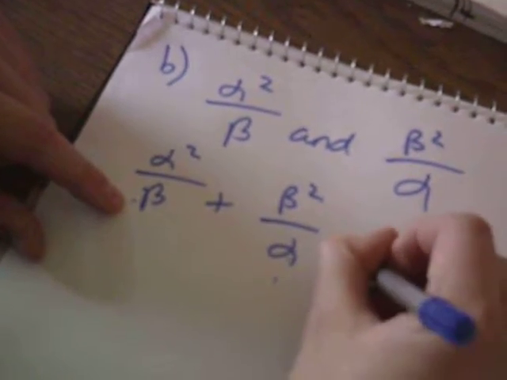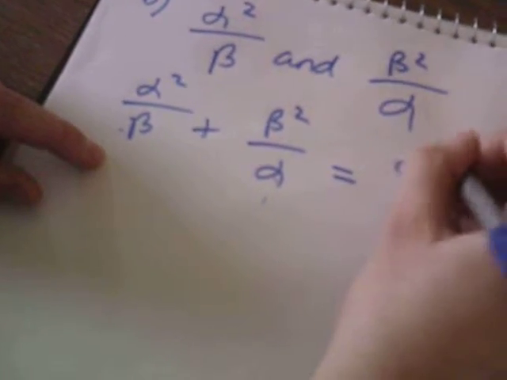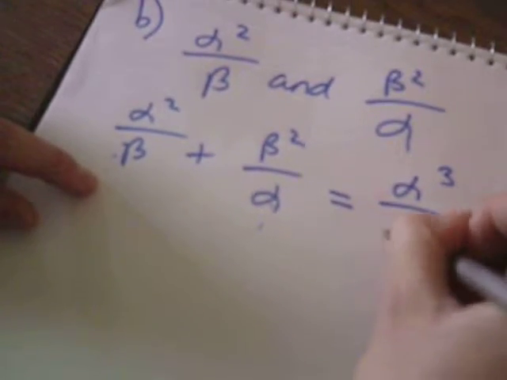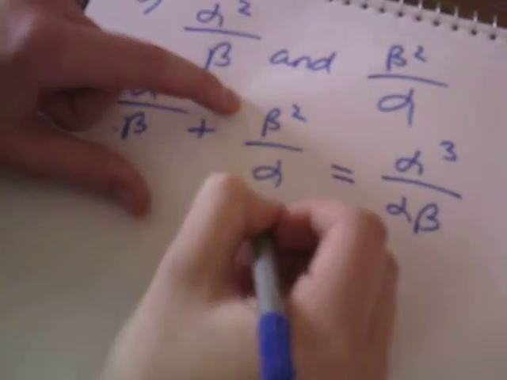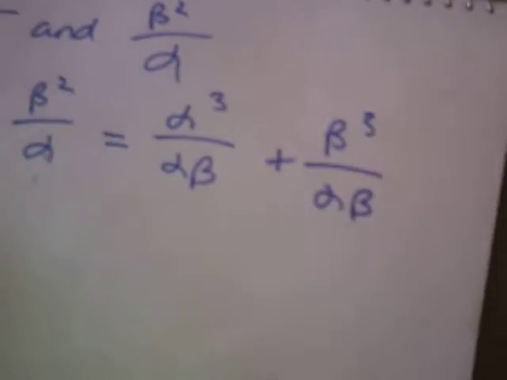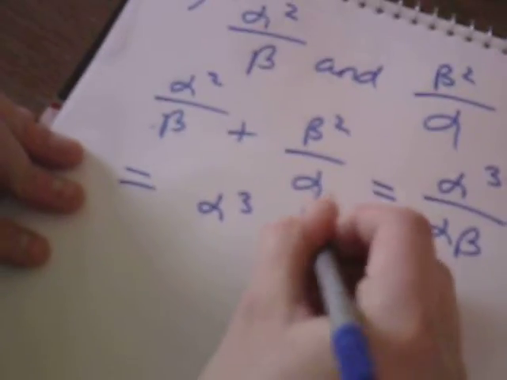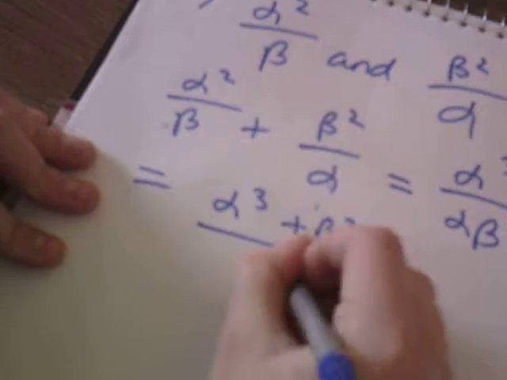So I'm going to times the alpha by these, which gives us alpha cubed over alpha beta. I'm going to times the beta by beta squared over alpha, which is beta cubed over alpha beta. Now we can merge them together because they've got the same denominator. So we say that's alpha cubed plus beta cubed over alpha beta.